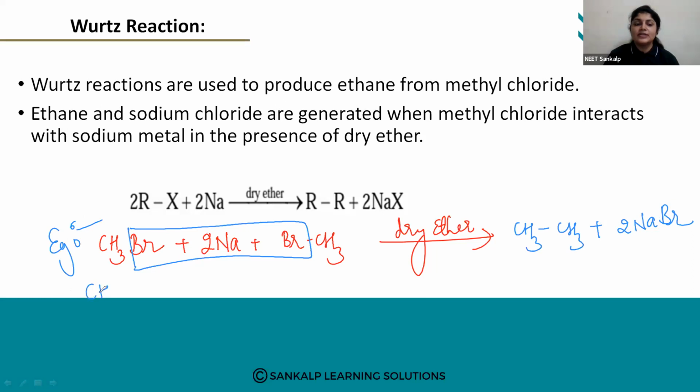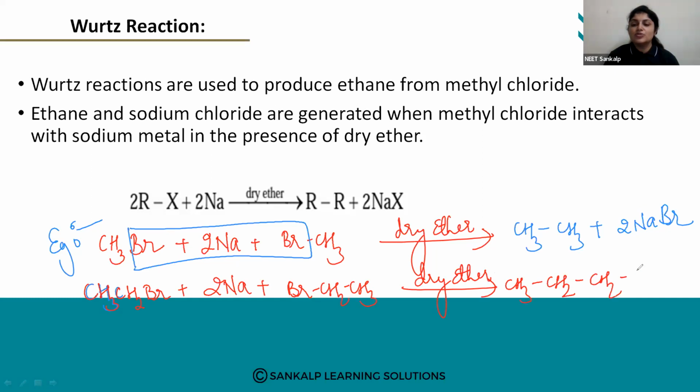Another example: CH3CH2Br plus 2Na plus BrCH2CH3 in the presence of dry ether gives you what? It will form CH3CH2CH2CH3 plus 2NaBr.